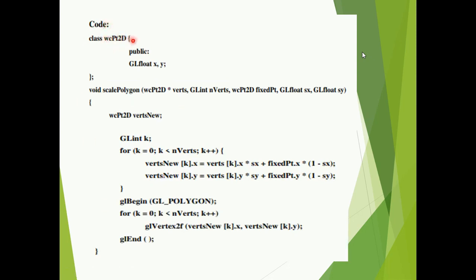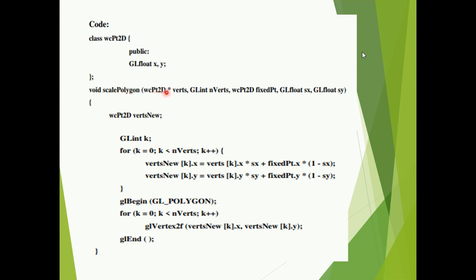Again you have the same class, that is Point2D, with certain values. Okay, we have initialized public float x comma y. Then you have void scalePolygon. So now again your input is a polygon. It can be a square, a rectangle or a house structure, anything, but we want a polygon here.